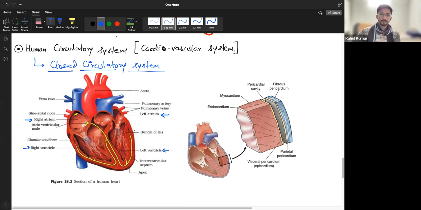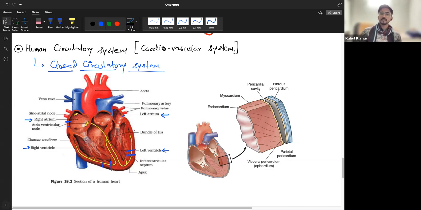Can you also notice that the walls of the atrium, which I have marked here, are very thin, but the walls of the ventricle are very thick? Yes. Ventricles have thicker walls, whereas atria have thin walls. Why is that?